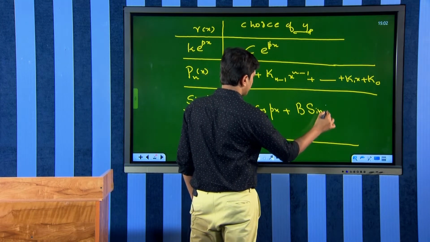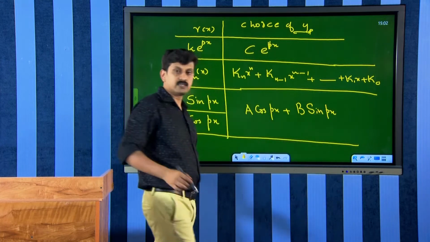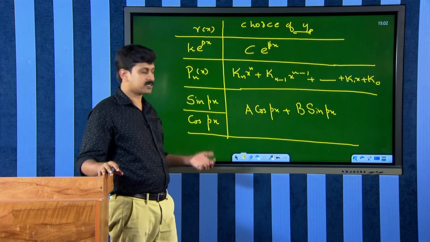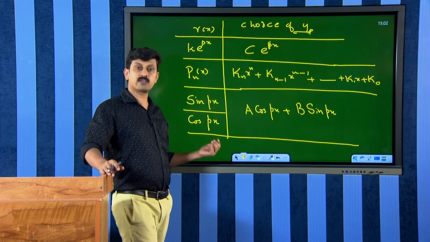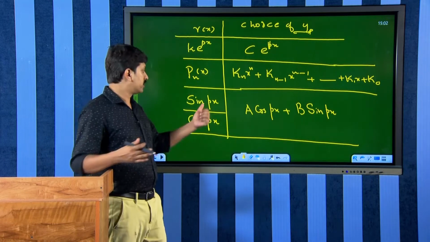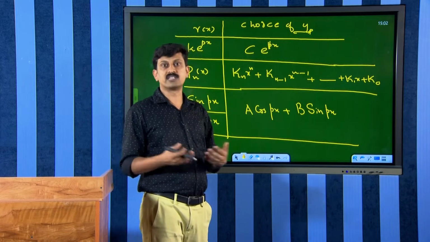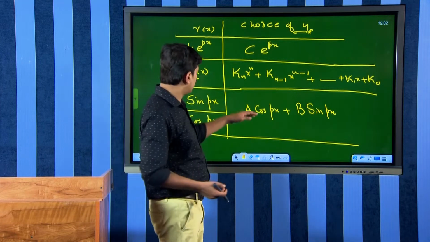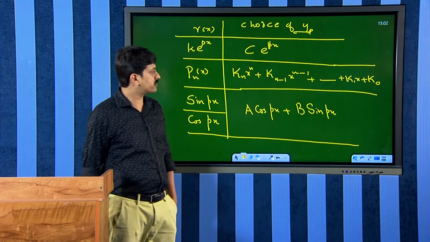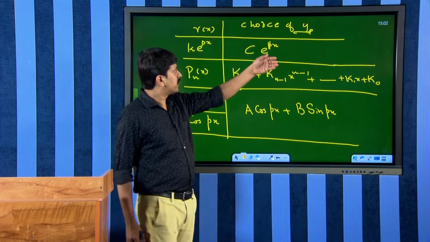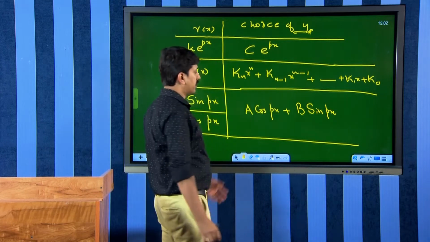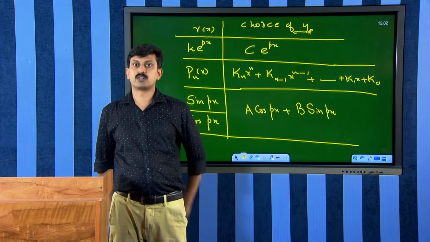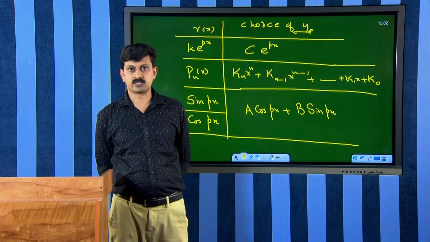Sometimes instead of px it may be qx or kx, anything can come; p, q and k we treat as constants. We find yp dash and yp double dash, and finally we get the values of a and b, so we get a particular solution for that non-homogeneous equation.